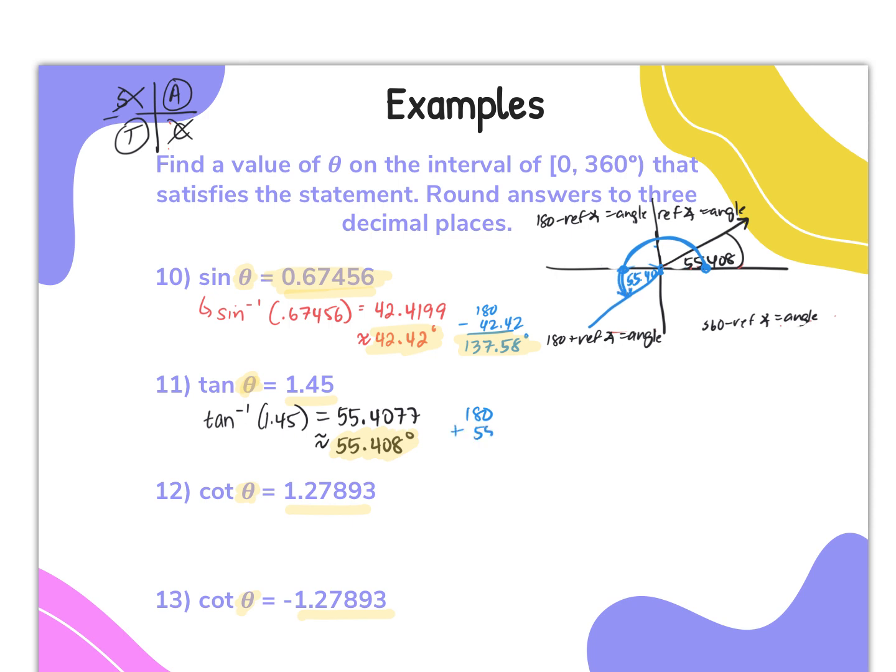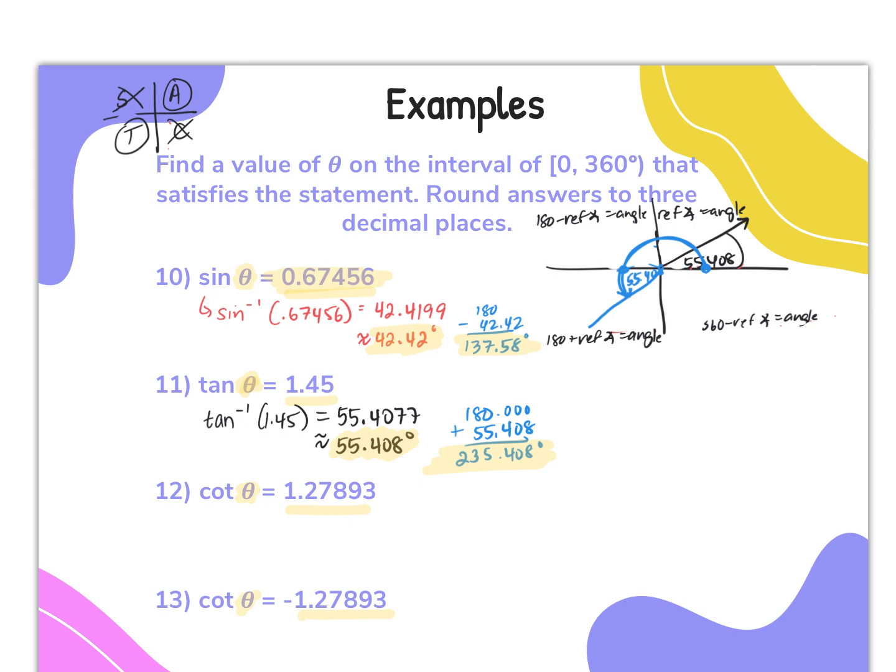So 180 plus 55.408, and when we do the math, we get 235.408 degrees. Okay, so this is the second angle that gives us that tangent.